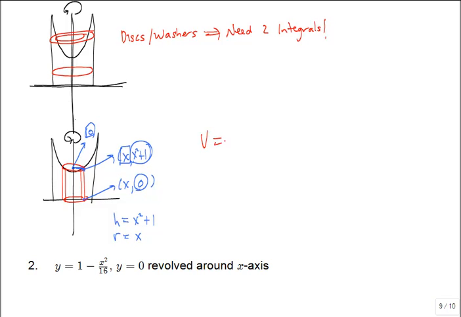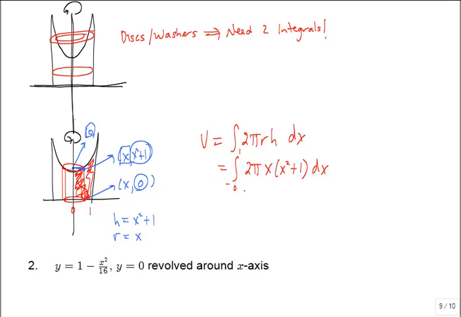So my volume integral becomes 2 pi rh dx, because this was a vertical slice going up and down. So this just becomes 2 pi times x times x squared plus 1 dx. And the original region in quadrant 1 had bounds of x from 0 up to 1.